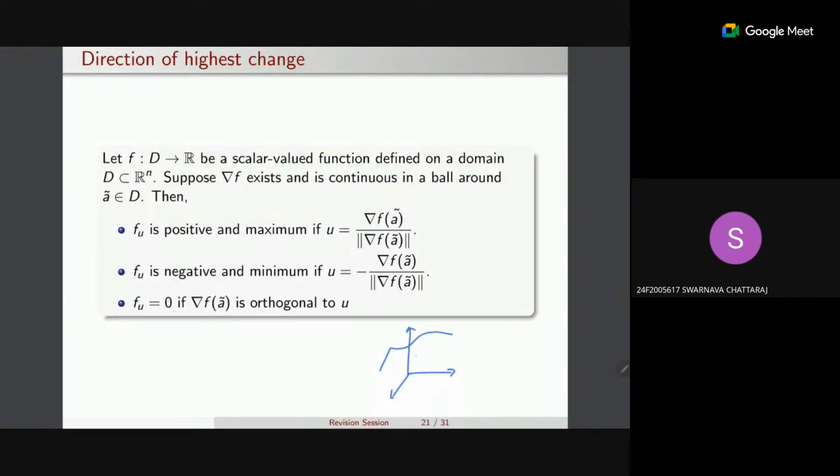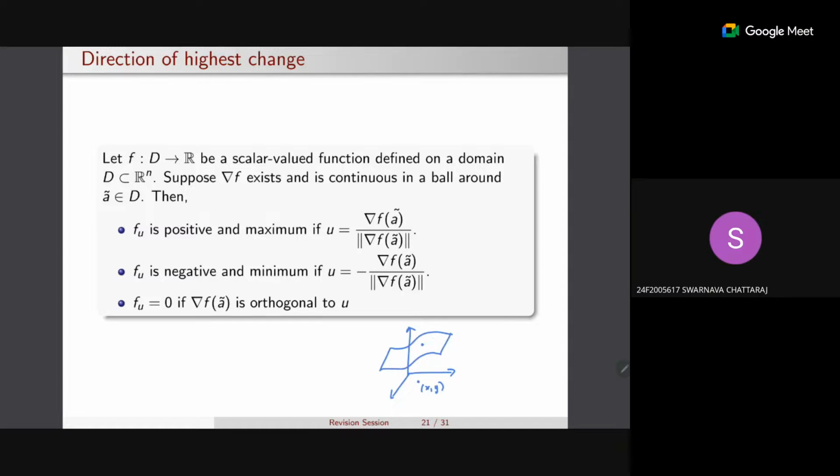So if you have, say, a function like this, and you're looking at this point, and the corresponding point, this is x comma y, and I'm looking at this f of x comma y upstairs. The function value gives the height of that point. Now the gradient vector will be what?